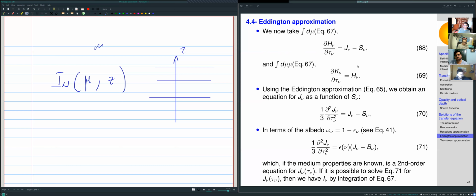This is a possible way of solving a differential equation. It's a technique to solve differential equations. You do a moment expansion, but this expansion normally goes to infinity, right?